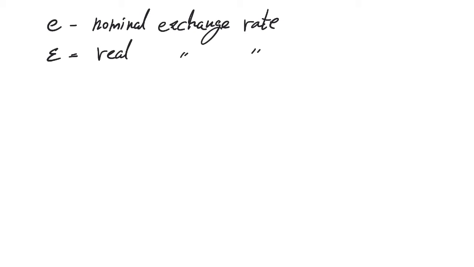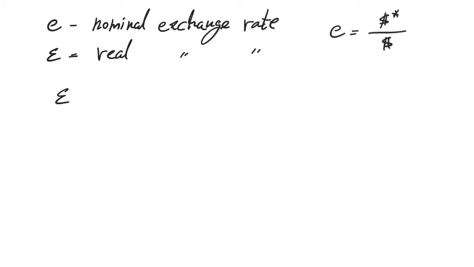Now, the nominal exchange rate is how many foreign units of currencies are needed to buy one home unit of currency. So this would be the US dollar in the denominator. How many foreign units of currency are required to buy one US dollar? That would be the nominal exchange rate.